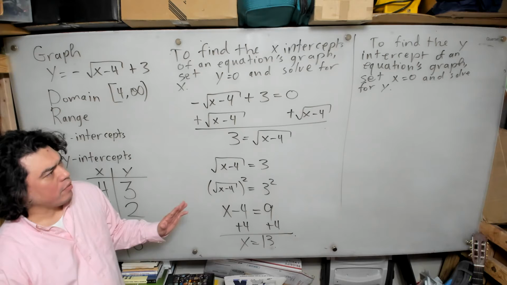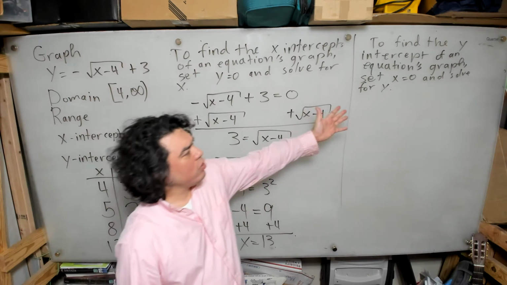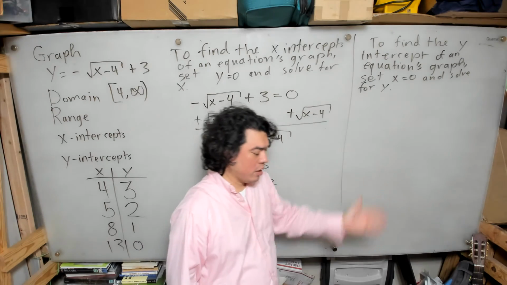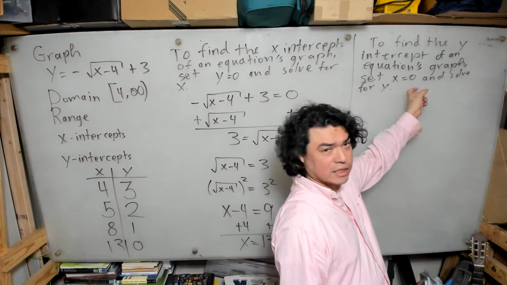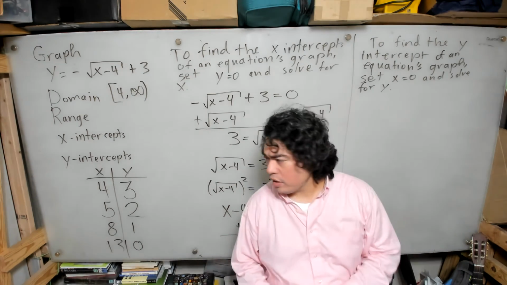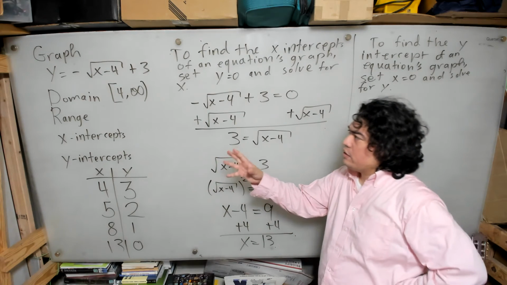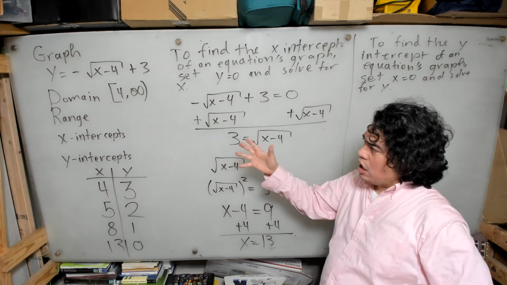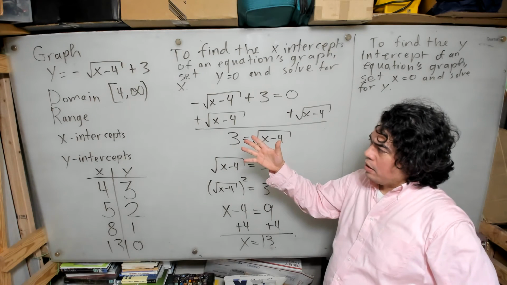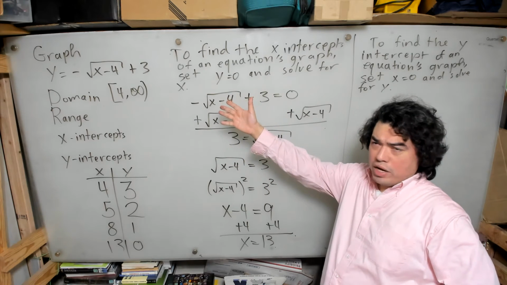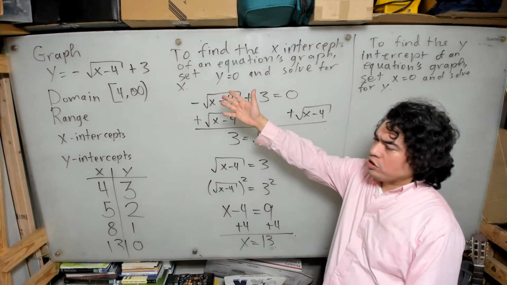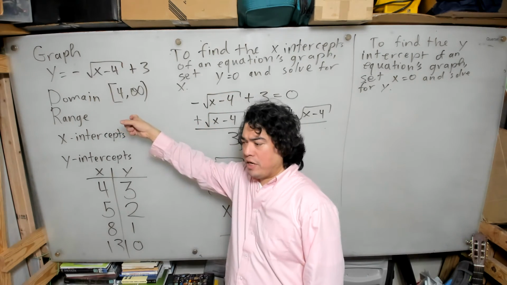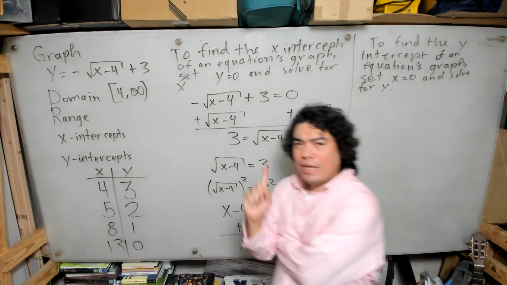Anyway, so now we're going to talk about finding the y-intercept of the graph of the equation. In order to do that, we need to set x equal to 0 and solve for y. Now, looking at this equation, we already saw it has domain from 4 to infinity. What does that mean?